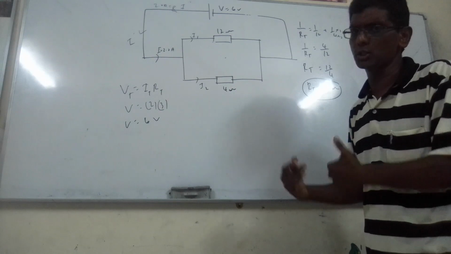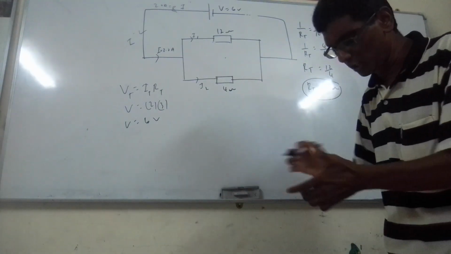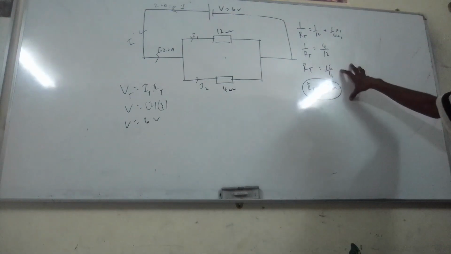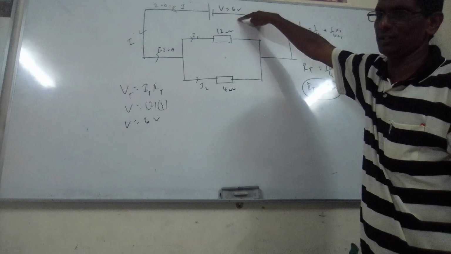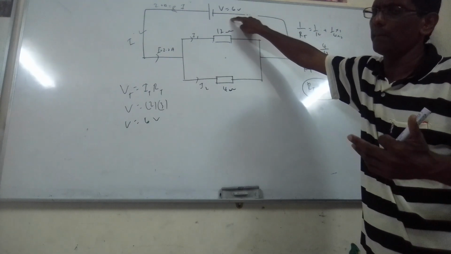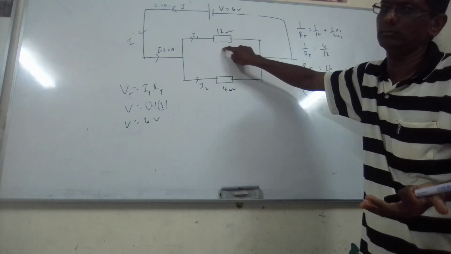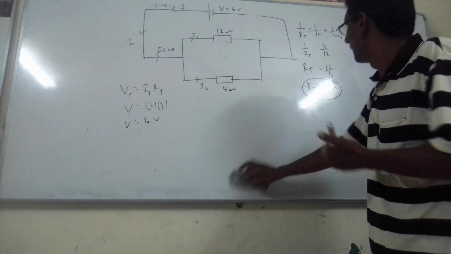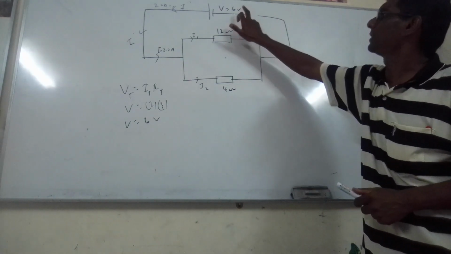So in the long way, we find the total resistance first in order to find the total voltage, because we have to find the voltage at the 12 ohm. Now we have the voltage, 6 volt.